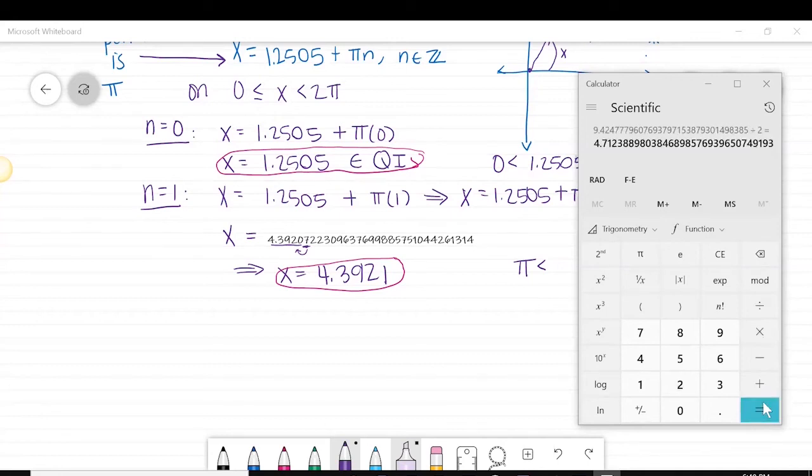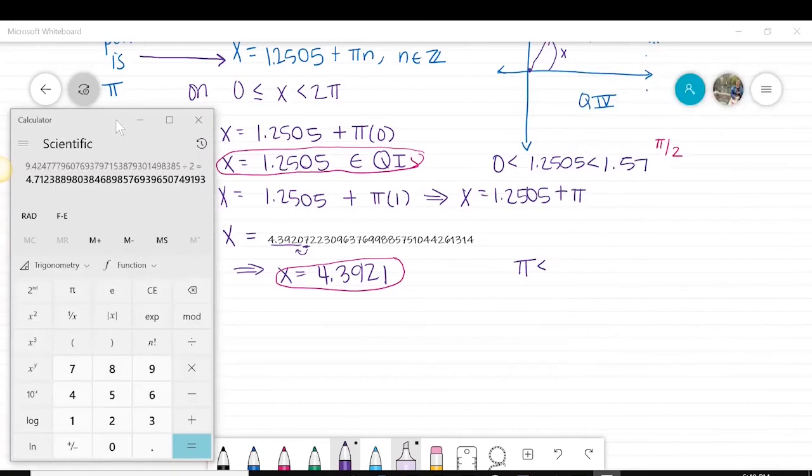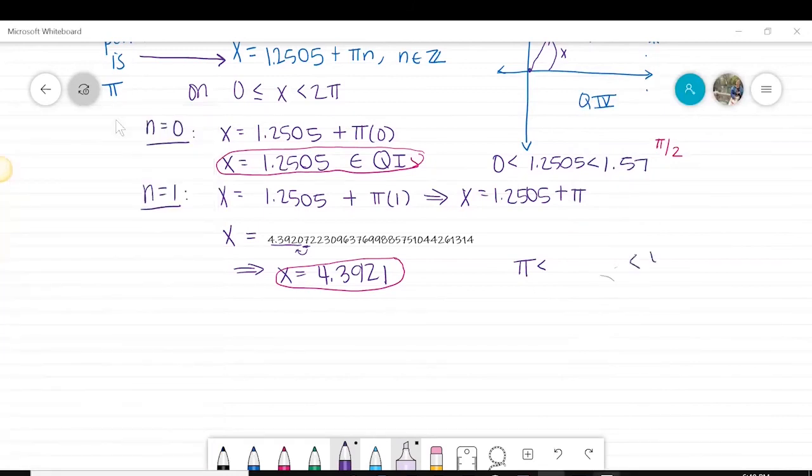Well, 3 pi over 2, it's only slightly larger, but it is in fact larger, right? Gives us 4.71. Right? So our particular value that we found, 4.3921, lives between pi, 3.14 approximately, and 4.71 approximately, which puts this in quadrant 3.